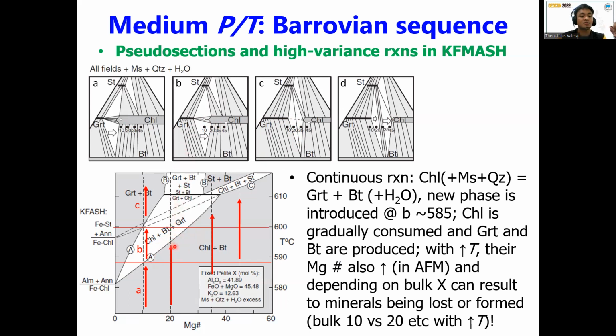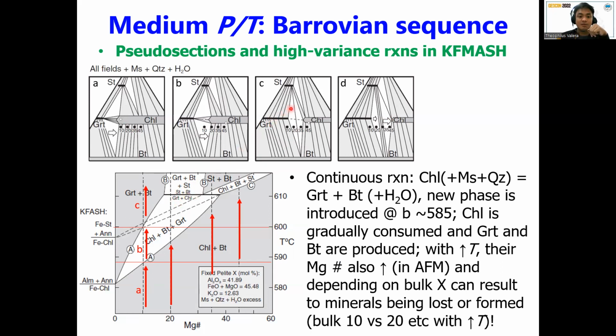And then, if ituloy pa natin tong arrow na to, pupunta dito, it now encounters yung invariant curve, staurolite plus biotite, garnet plus chlorite. So, ito yung tie line flip dito sa pseudosection. Ganito yung itsura niya ng tie line flip.